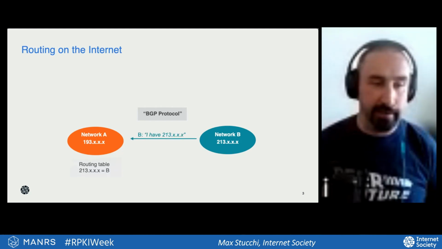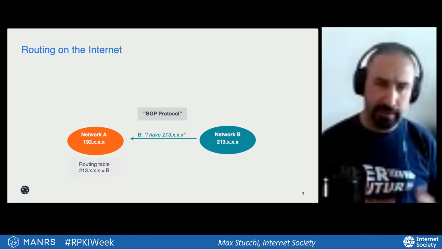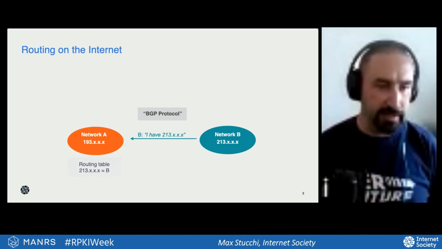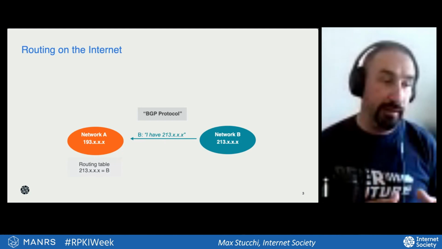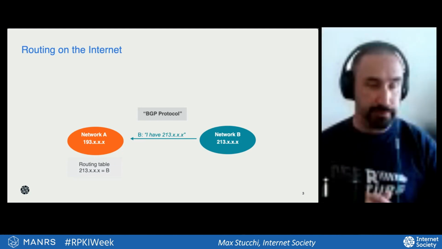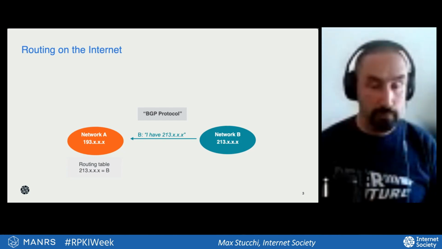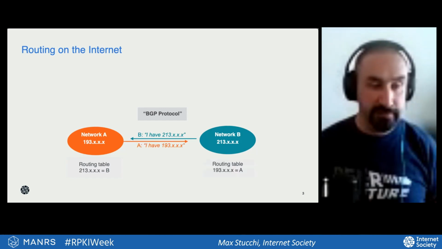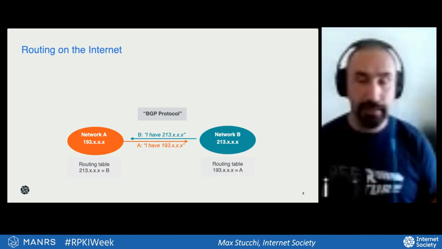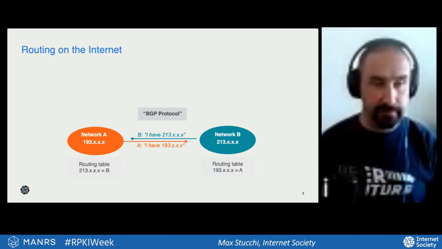So you set up a BGP session, and from network B, you say, these are my IP addresses. I have this network, 213.XXX. That's not important in detail. Network A takes that information, creates an entry in its routing table, which says, if you want to reach those addresses, we have to talk to network B. And the same happens in the other sense. A makes a BGP announcement, and tells B, this is my network, 193.xxx.